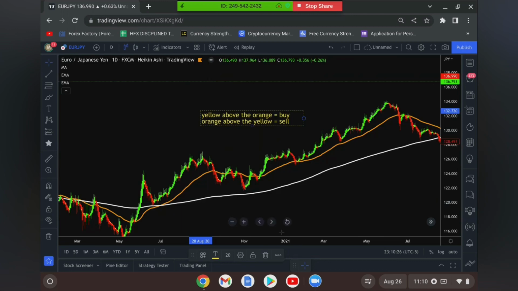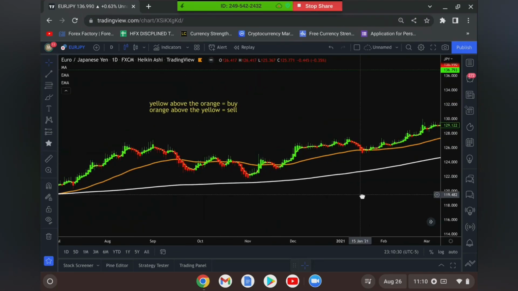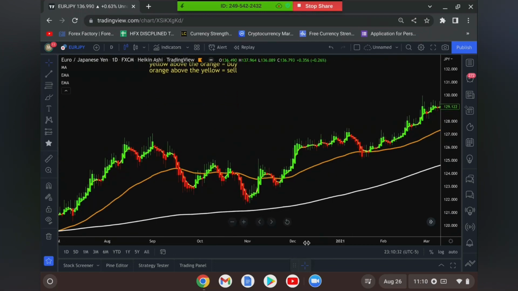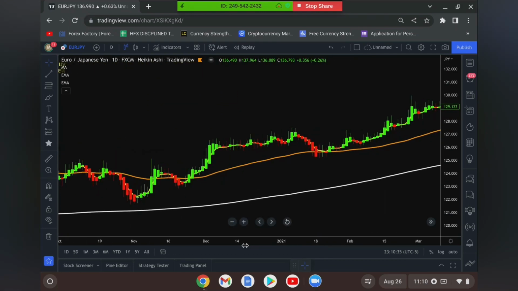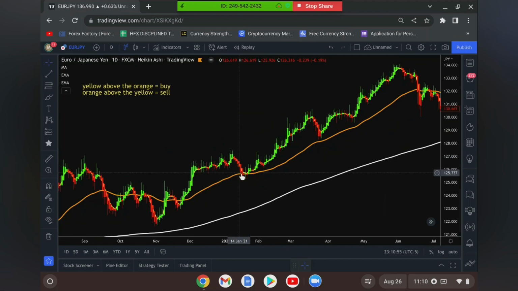So if you guys zoom in, I'm going to zoom in right here. We can see we had the yellow line cross above the orange line, right? And then price just continued up. We had price come back down and retest our 50 exponential moving average.